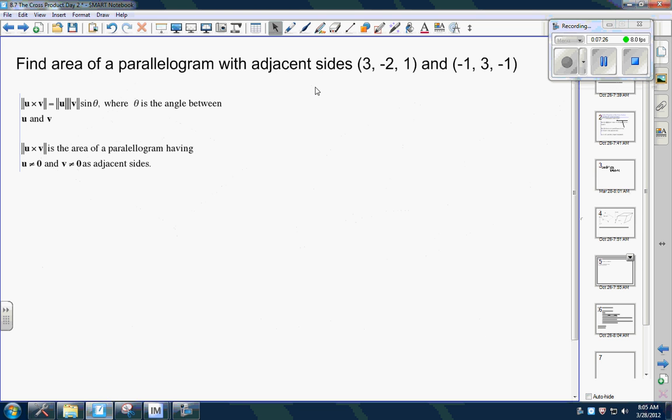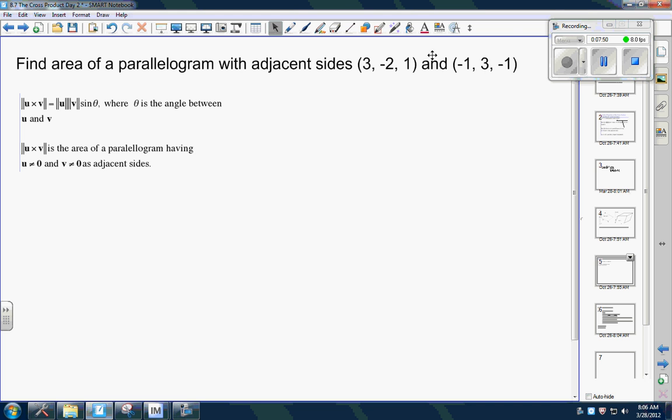Now, I'm going to give you guys this problem here. Find area of a parallelogram, here are the adjacent sides. Your book gives you an example, I'll show you in just a minute, where it doesn't give you the adjacent sides, it just gives you 4 points. So it makes you find the vectors for the adjacent sides, basically position vectors for them.